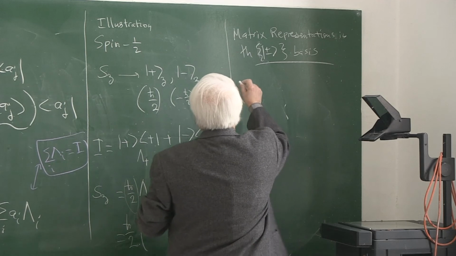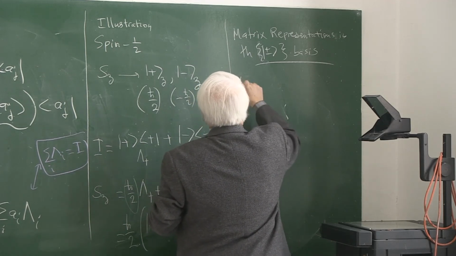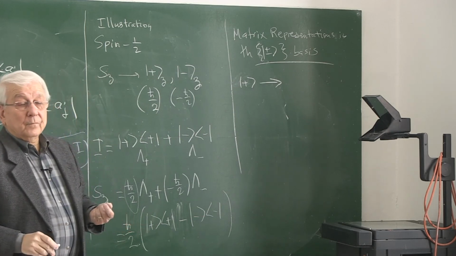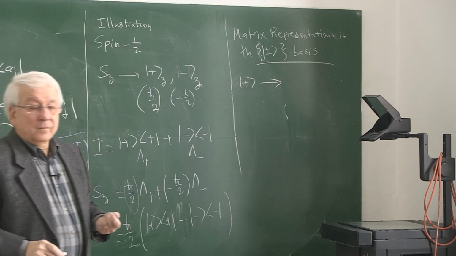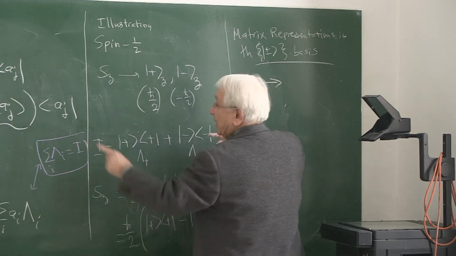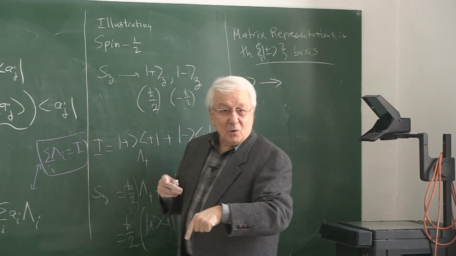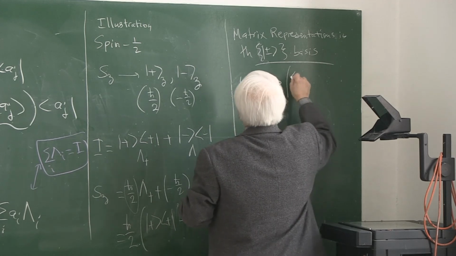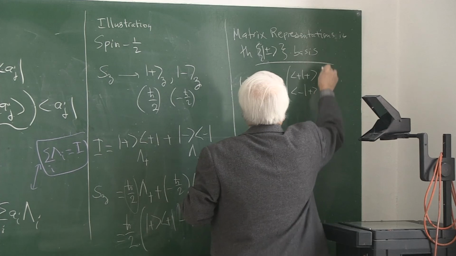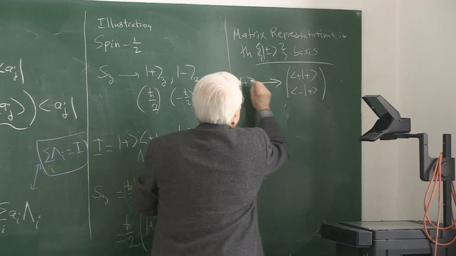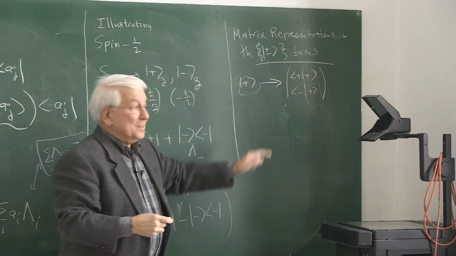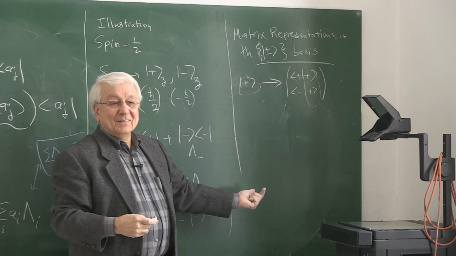So what is the matrix representation of this? Following the column thing, it should be plus-plus, and minus-plus, correct? This is the ket that enters in here, and you project it along the bases, plus and minus.